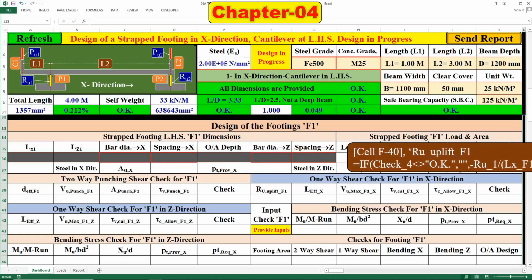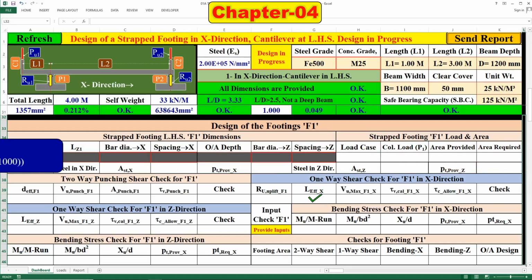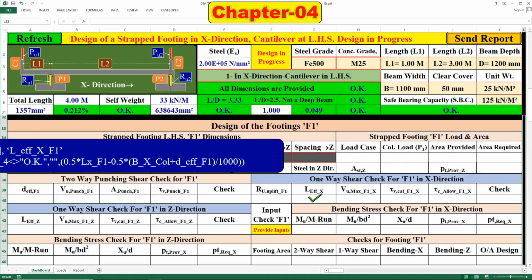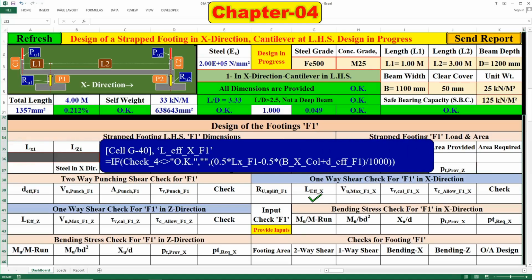Next, we have the Excel formula for cell G40. The defined name of the cell is L_EFF_X. It represents the effective length of footing F1 in the X direction. In this formula, Excel will first check _4. If it finds _4 as a blank cell, this cell will remain blank.